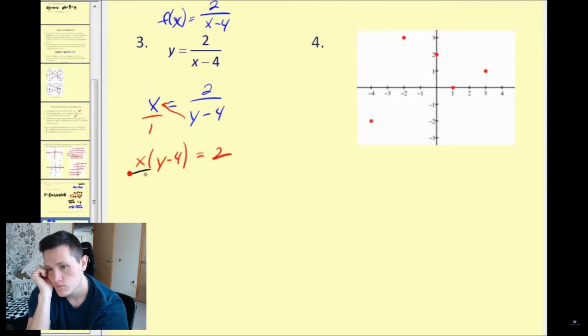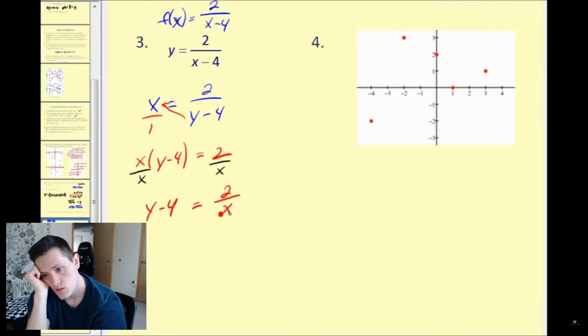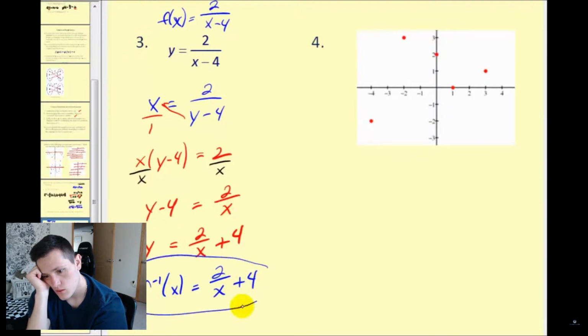Now we'll divide by x on both sides. So we have y minus 4 equals 2 divided by x. Add 4 to both sides. And the last step should be to replace our y variable with inverse function notation. So we'll have f inverse of x equals 2 divided by x plus 4. So here's our inverse function, and here's our original function.